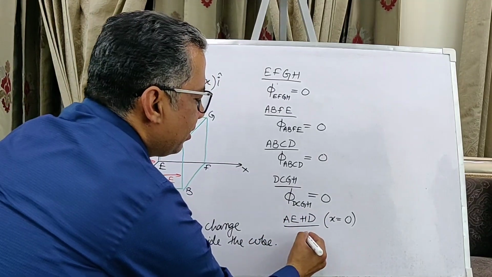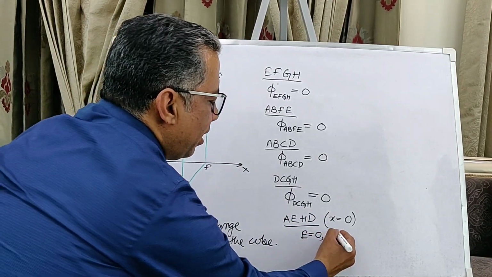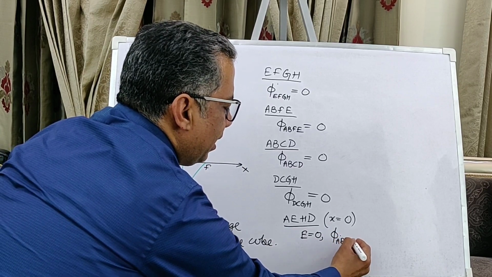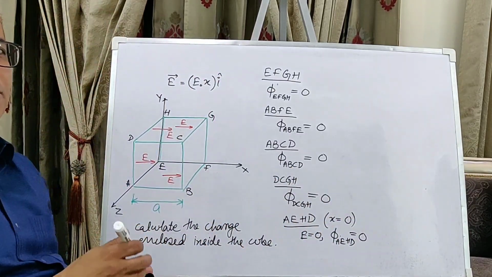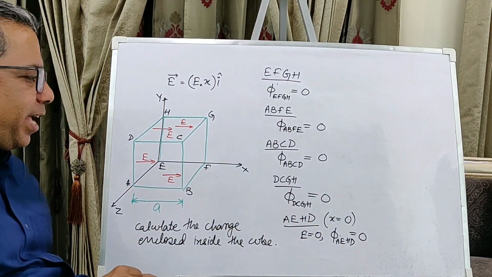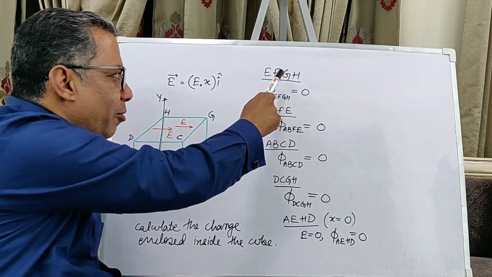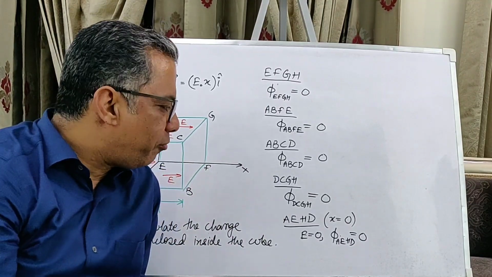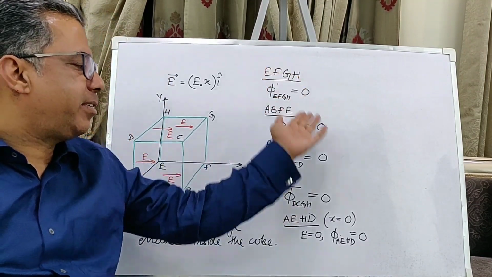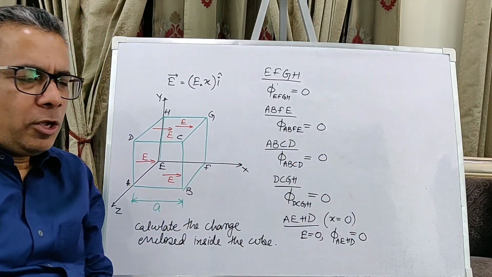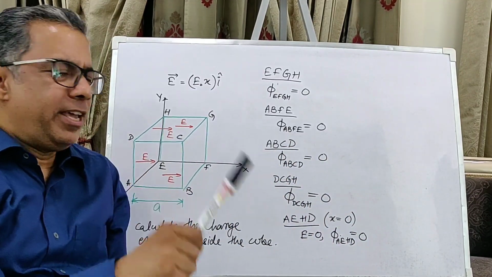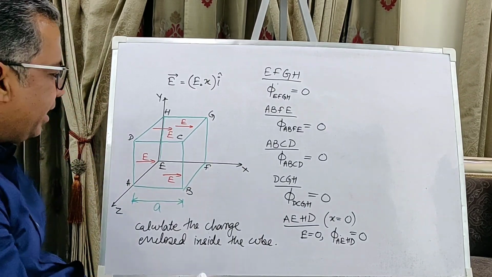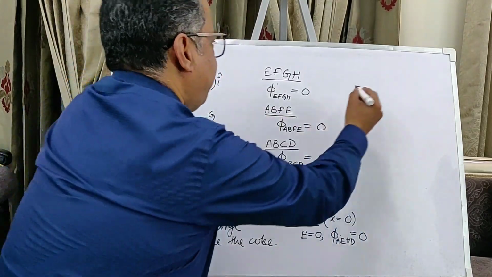So on this surface the electric field is 0 throughout, and if the electric field is 0, the flux through AEHD will also be 0. So we have calculated flux through 5 faces of the cube, and for all those 5 faces the flux is 0, which leaves us with only one face of the cube where we need to now calculate flux, and that face is BFGC.